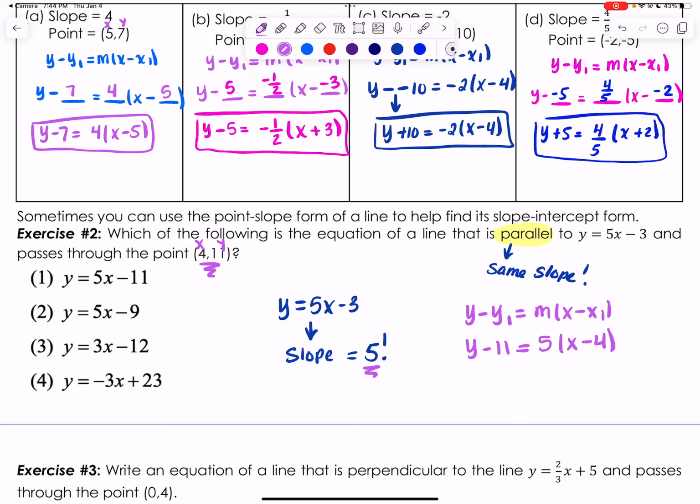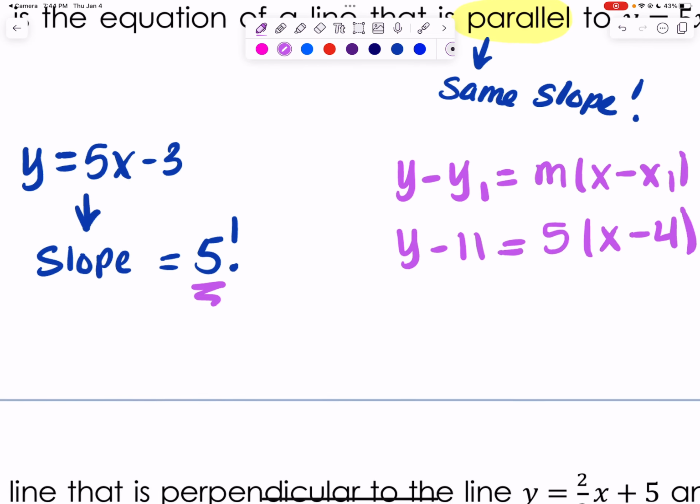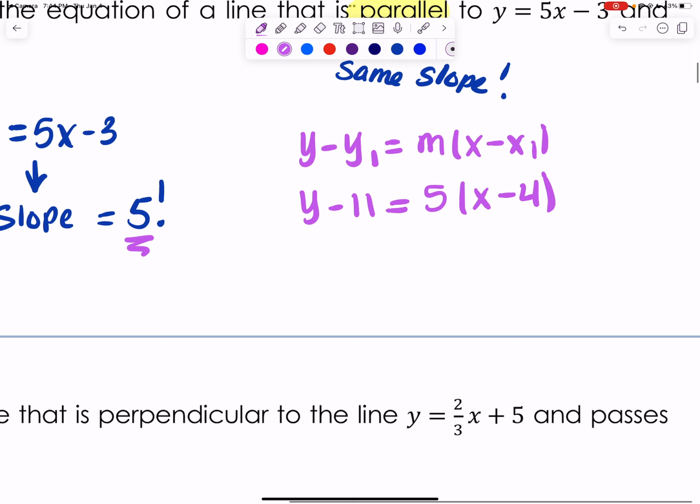And if we look, that answer does not appear anywhere in our answer choices because all of our answer choices are in slope intercept. So what we have to do is distribute our 5 and then get y by itself. So let's distribute. If we distribute our 5 to x and -4, we get y minus 11 equals 5x minus 20.